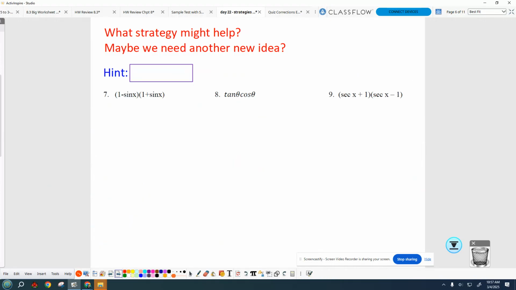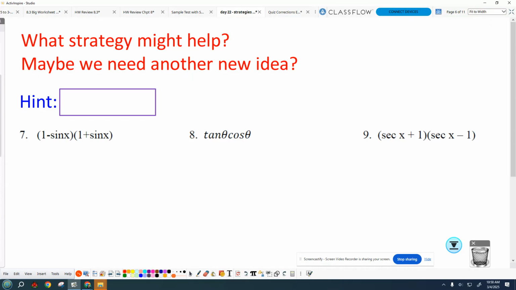Seven and 9, same style, but here's the thing that I know you guys are gonna wanna do, and it's not right. Can I get rid of that and put in cosine? No, because what's the identity? 1 minus sine squared equals cosine squared, or cosine squared plus sine squared, there's squares in it. So what's the strategy?